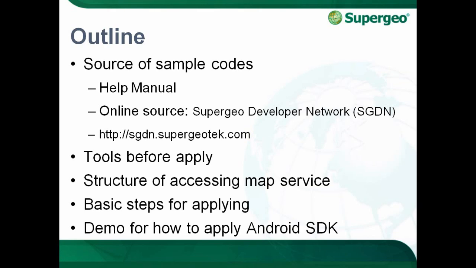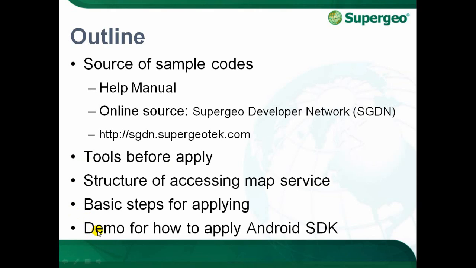Second, I will give a brief introduction to the tools you need before you create your first Android apps. The third is the structure of accessing the map service published by our SuperGIS Server. The fourth is to start to create, with a basic step to show you how to apply our Android SDK.